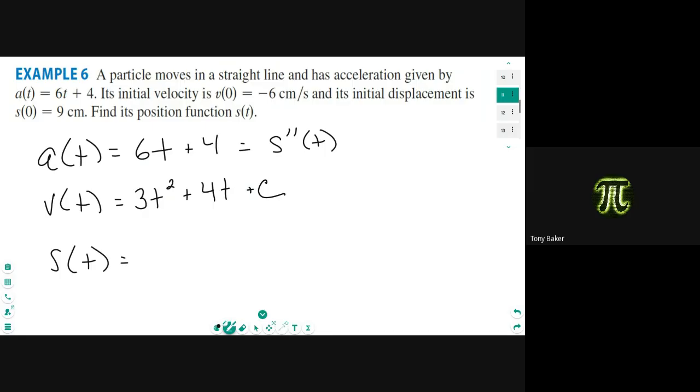Right? Did they give us any information about its velocity? So its initial velocity is -6 centimeters per second. So if I plug 0 into my velocity, I would get -6, and I'd also be able to find c. So what's c going to be? -6. Okay, find my integral again.